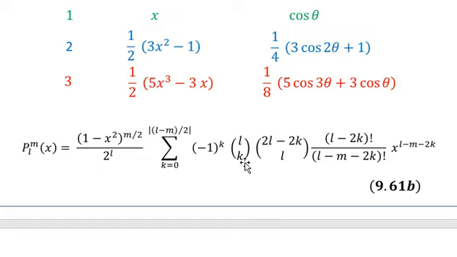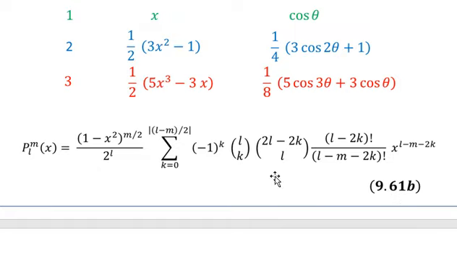This is LCK, similar to the NCR variable used in binomial series expansion. Similarly, you have 2L minus 2K choose L, and then you have the factorial of 2L minus 2K divided by the factorial of L minus M minus 2K, and the x variable raised to power L minus M minus 2K, as shown in equation number 61B.